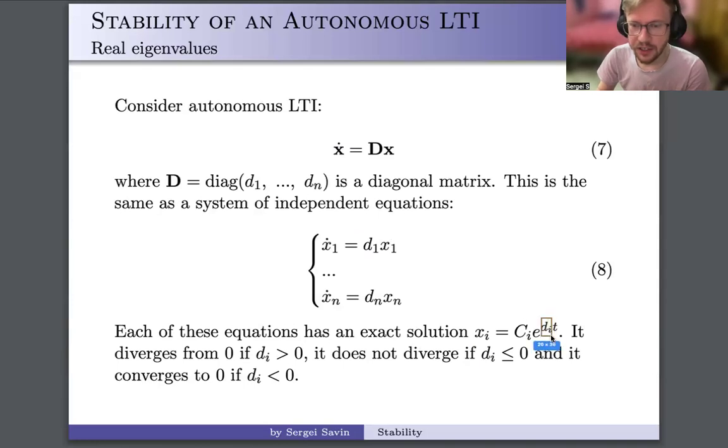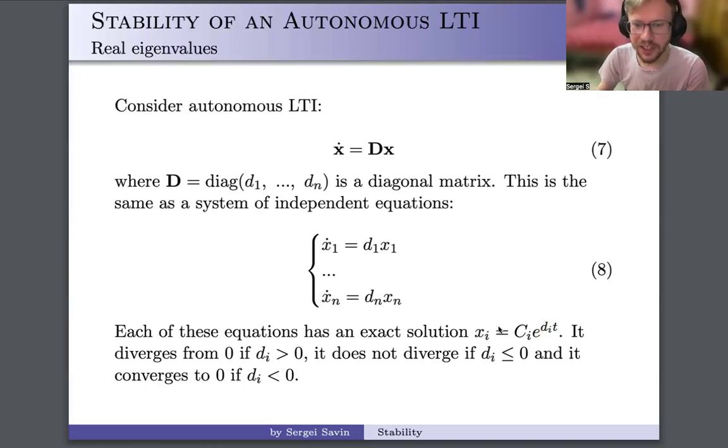If d is a negative number, we will clearly converge to 0, not just any solution, specifically to 0. If d is a positive number, we will diverge to infinity.